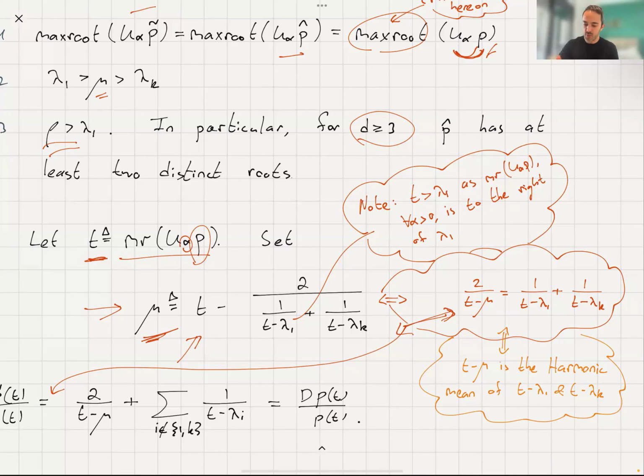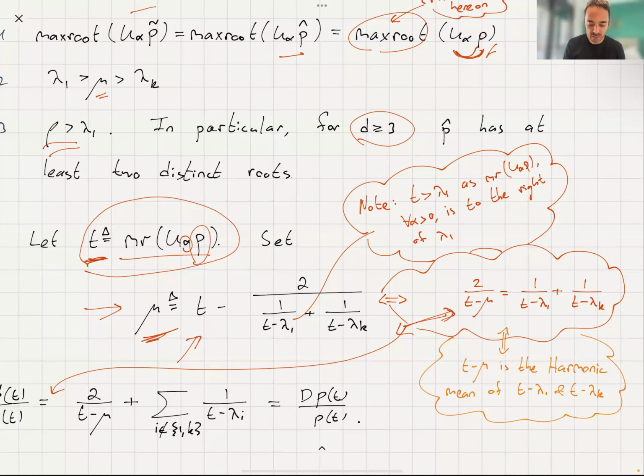As a remark, T is larger than lambda 1, because T is the max root of this thing, and lambda 1 is the max root of P. If you remember, the max root of U alpha P is always an upper bound on lambda 1 for any alpha larger than 0, because it's the pre-image of some parameter depending on alpha in the last branch, which is to the right of lambda 1.